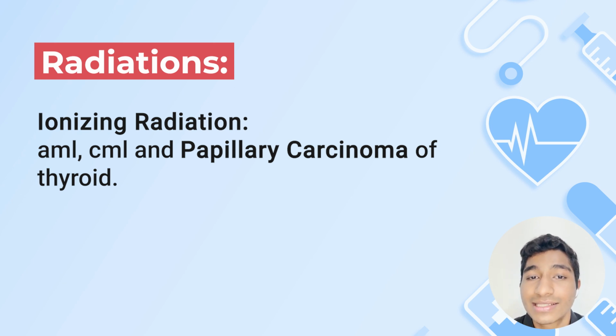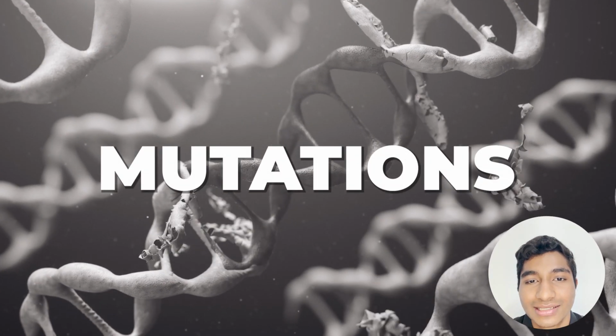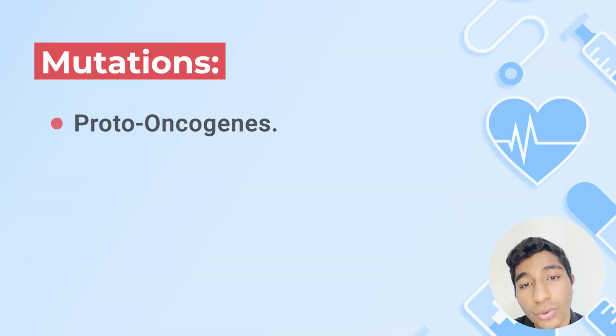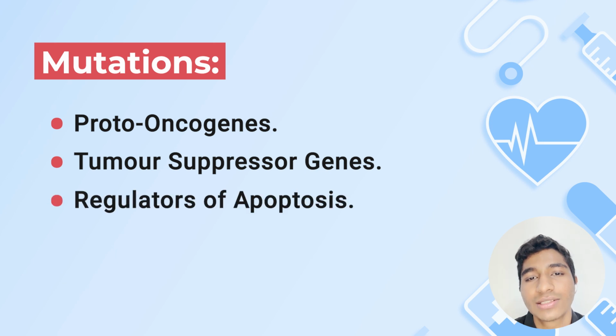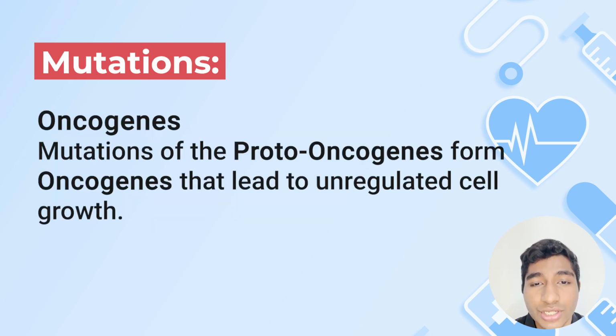Now, other than these carcinogens, what are the mutations that actually disrupt the cell's regulatory system? These include proto-oncogenes, tumor suppressor genes, and regulators of apoptosis. Apoptosis is what was discussed in the first video. So now we will look at mutations, and under mutations we will look at oncogenes.